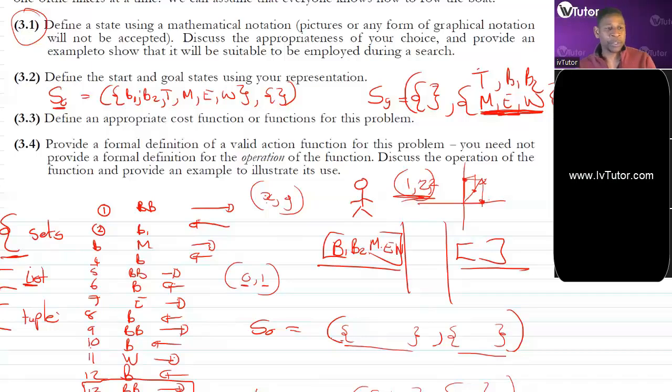So define an appropriate cost function. So we can say there's the distance cost, right? Distance, you can call it X, which is each time for each successful river crossing.